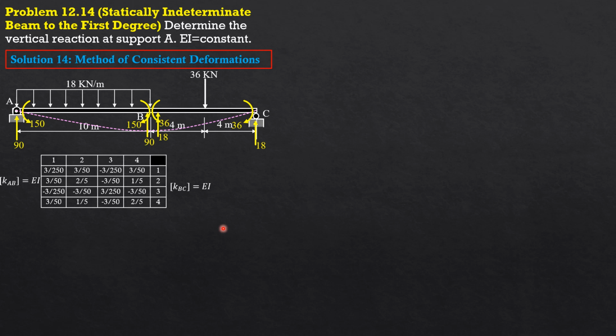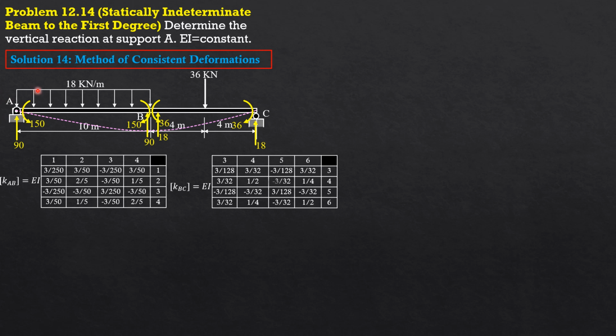Then for the global loadings or forces at node 1, 0 minus 150, so we have negative 150 or 150 clockwise as shown. At B, we have a vertical load opposite to this, 90 plus 18, so negative 108 or 108 downward, and 150 minus 36 is 114.